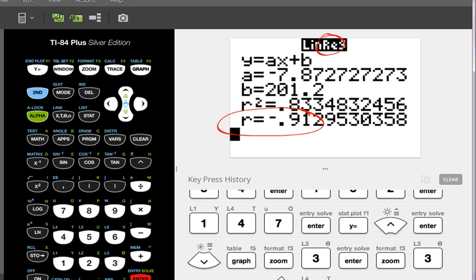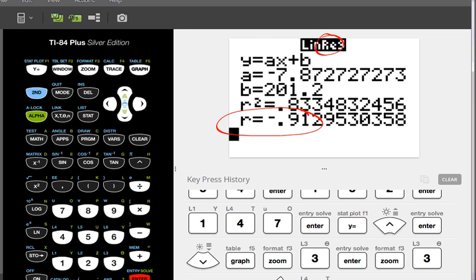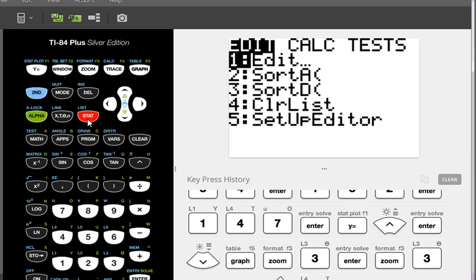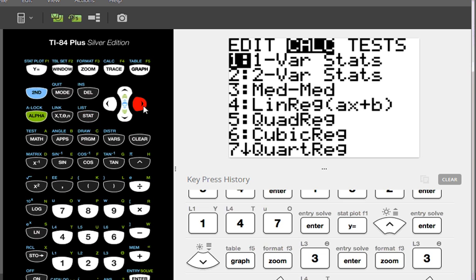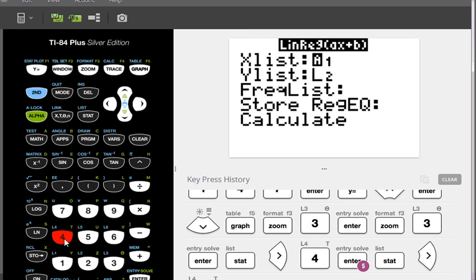And we go to our calculator. Okay, you go to your calculator, and do you remember how to make it store it in Y1? When you're doing the stat calc 4, you go down until you get to store regression.